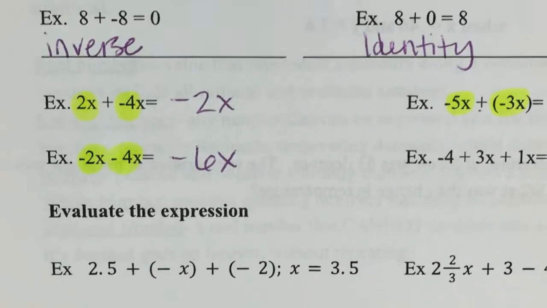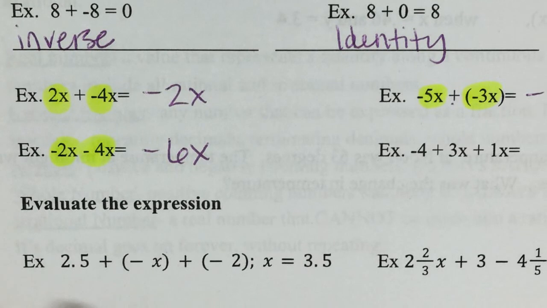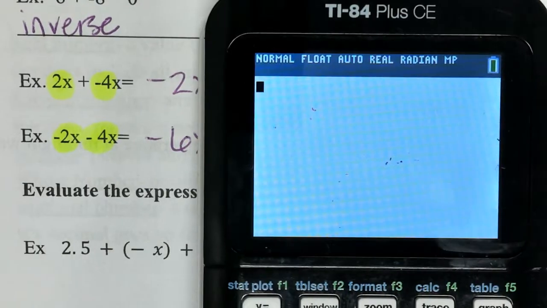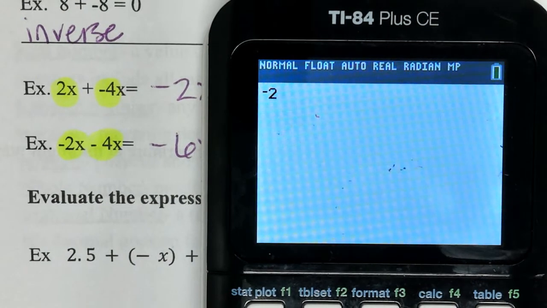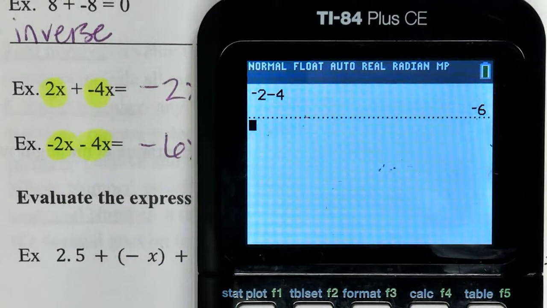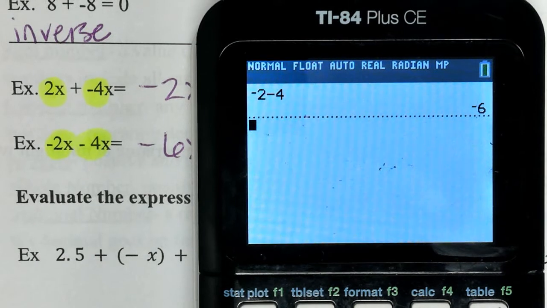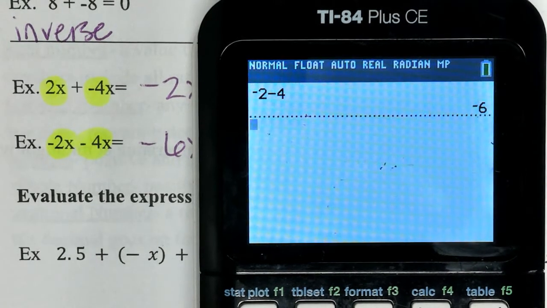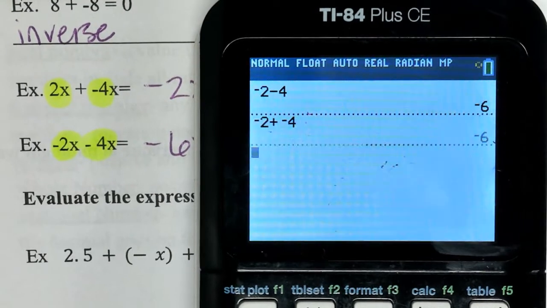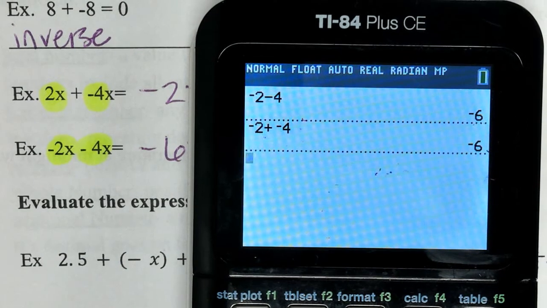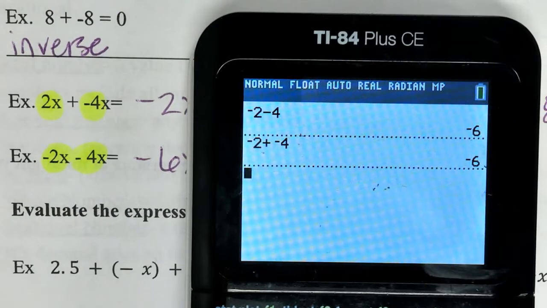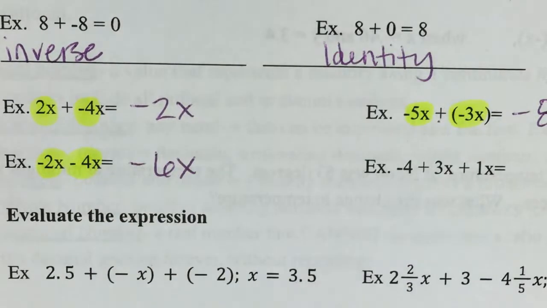If you were going to do it in your calculator, which by the sounds of it, 90% of you should be using your calculator, we would do -2 minus 4, and you would get -6. Could you put in -2 plus -4? Yes. Okay, moving on.